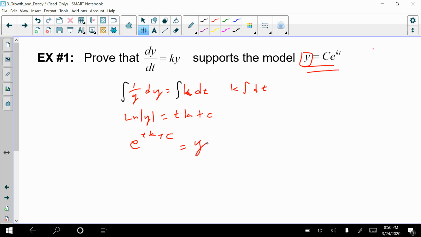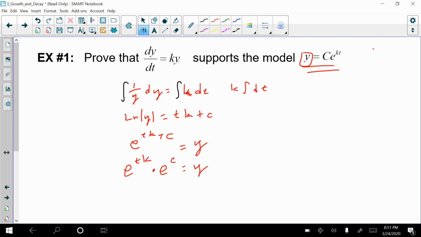Now, we've got y by itself, but on the left side of the equation, we definitely need to clean it up a little bit. Using properties of exponents, we're adding the exponent values together, so I can rewrite the left side of the equation as e to the t times k power times e to the c power is equal to y.